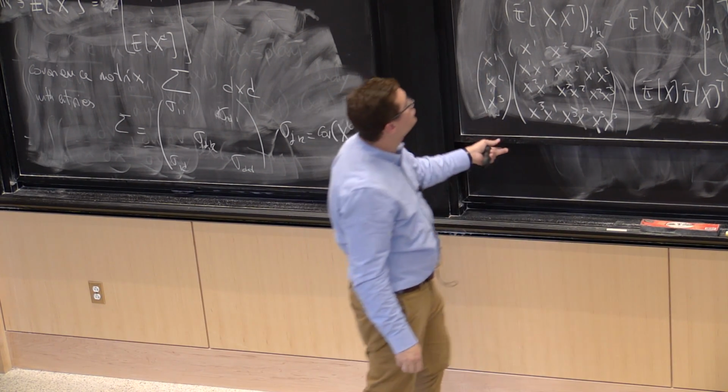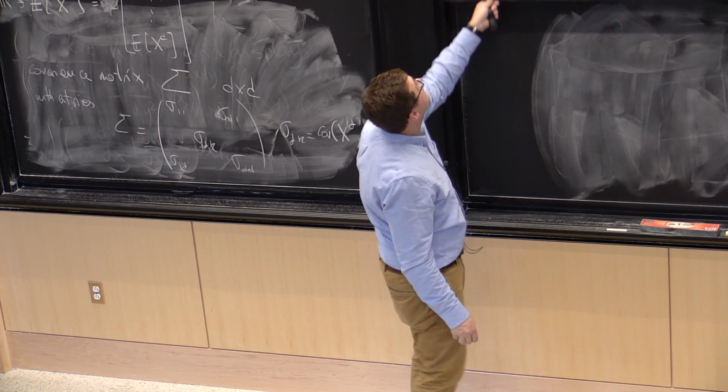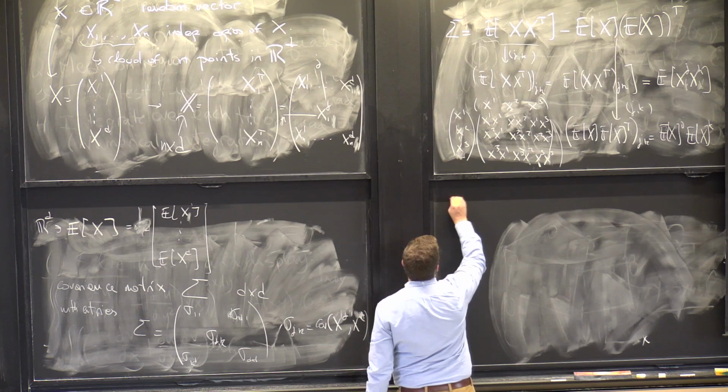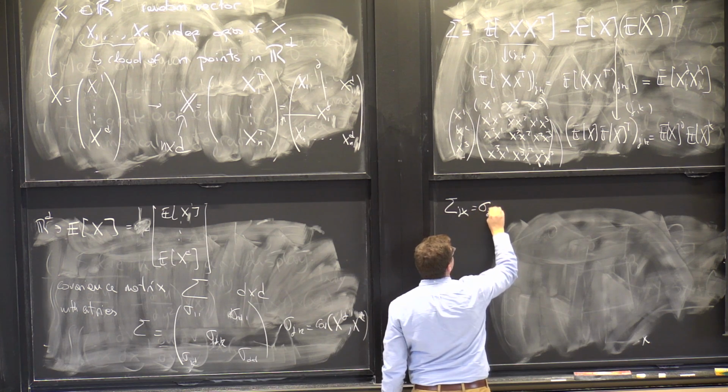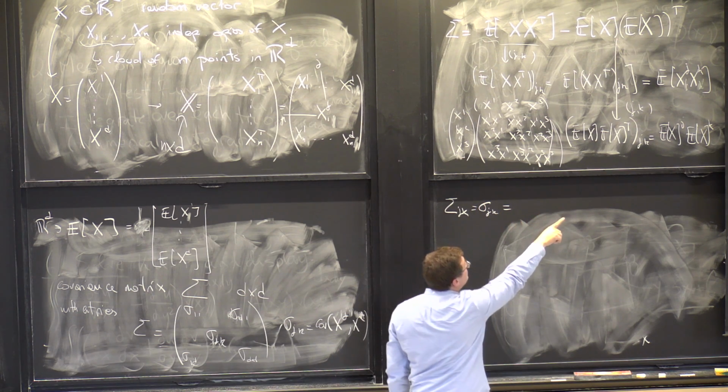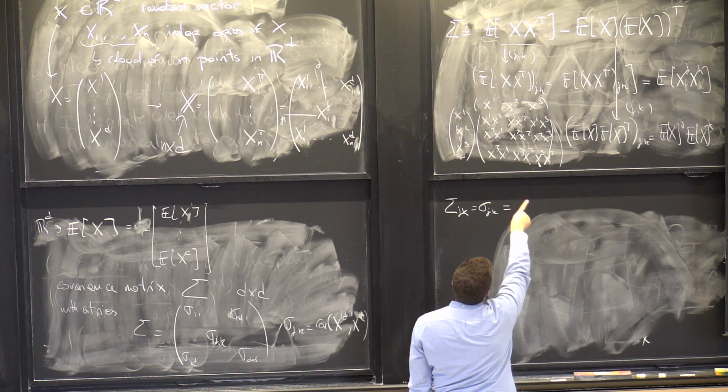So if I put those two together, it's actually telling me that if I look at the jkth entry of sigma, which I called little sigma jk, then this is actually equal to the first term minus the second term.